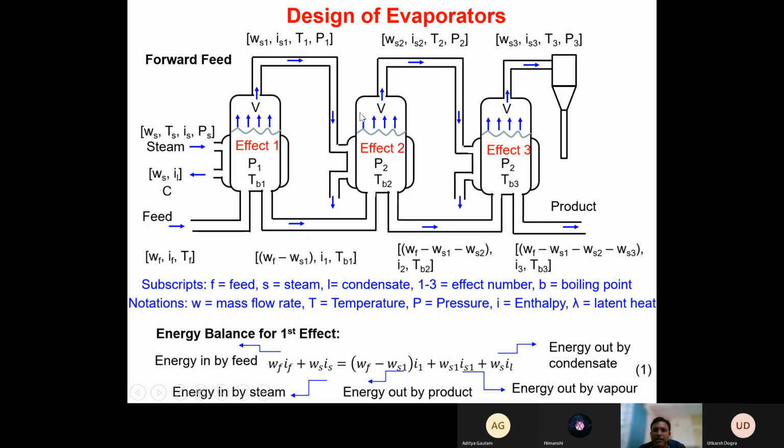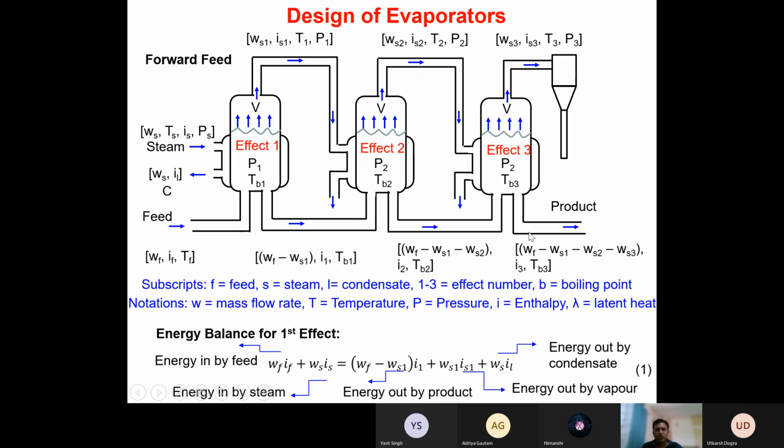The first step in the design of an evaporator is to make a schematic diagram the way I have made, and then denote the different variables here. Once you denote these variables and the contacting pattern, in this case forward feed, the feed is going in this direction. If it were backward feed, the feed would go in the reverse direction.